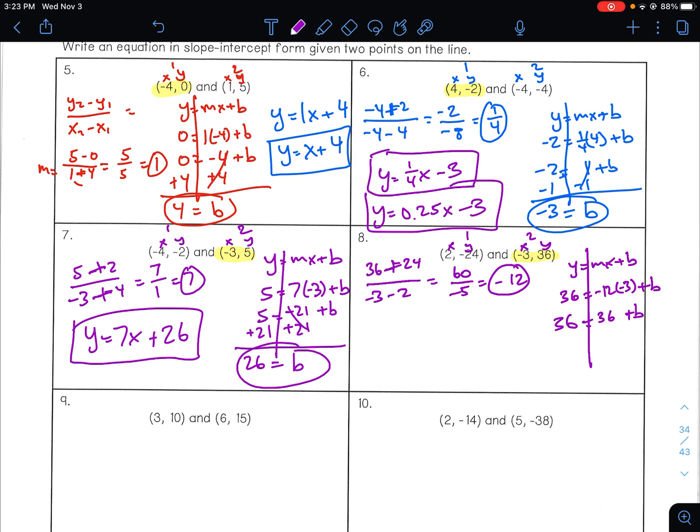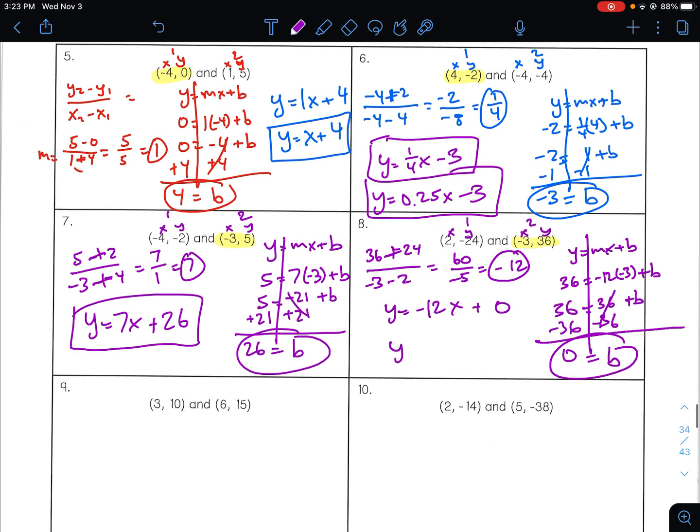So 36 equals 36 plus b. Subtract 36 from both sides, and I end up with 0 for my b. So y equals slope x plus 0. And that's better written as y equals -12x because the plus 0 doesn't actually do anything for us.